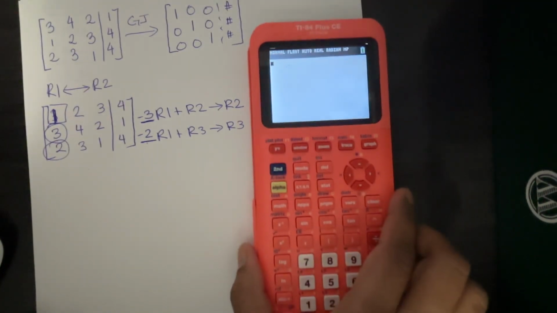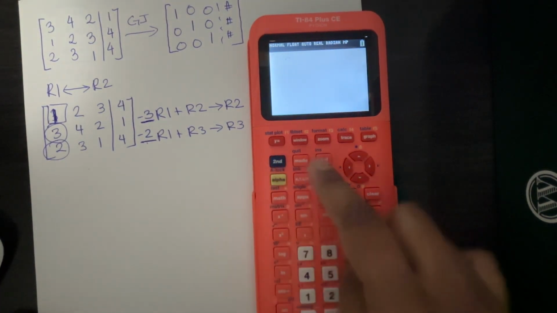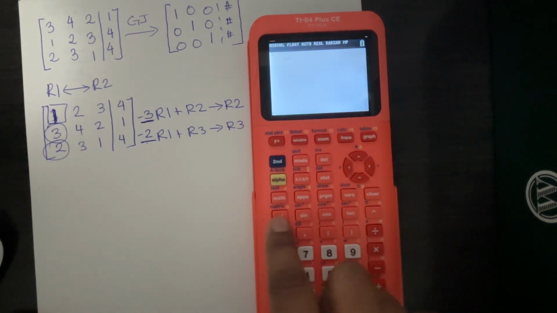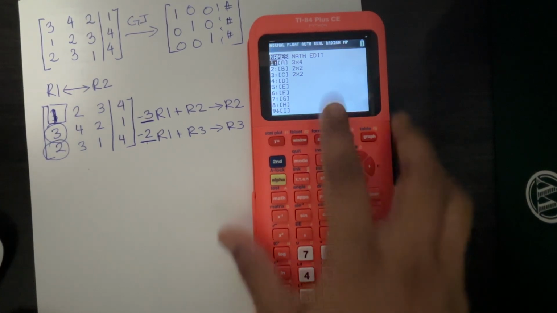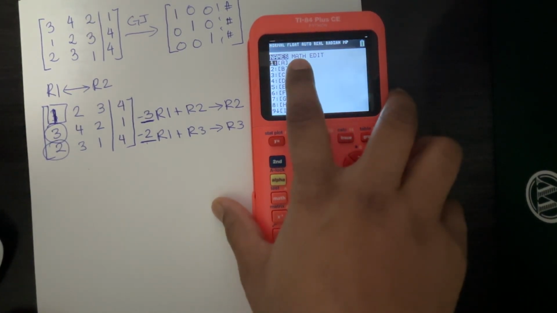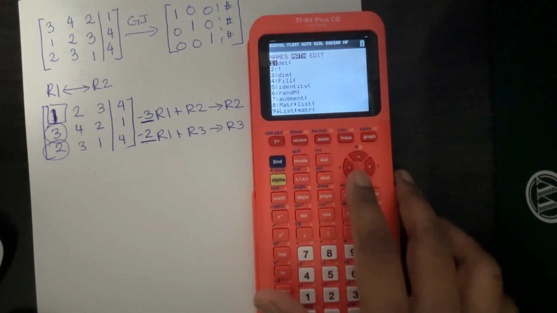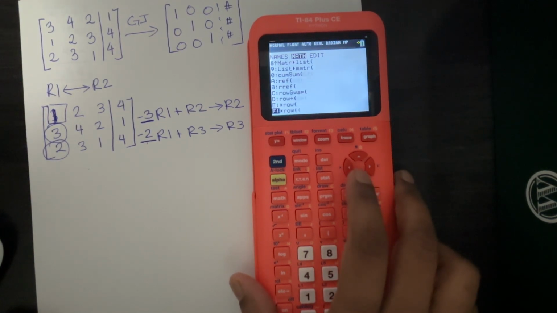Okay, so let's go back to the matrix screen. So second, matrix. Now I'm going to go to the word math, which has all the different operations stored in it. And then I'm going to scroll down to the one that's called right here.